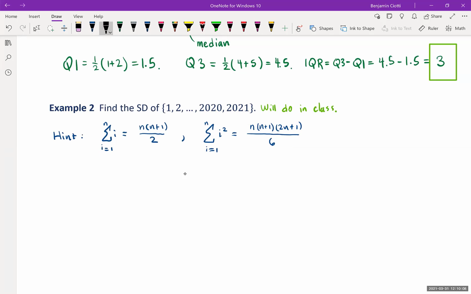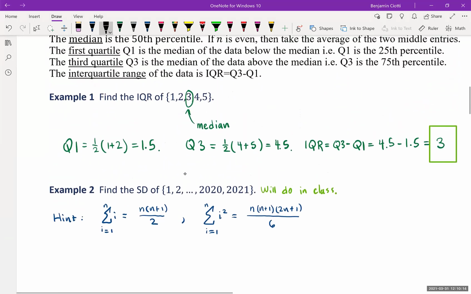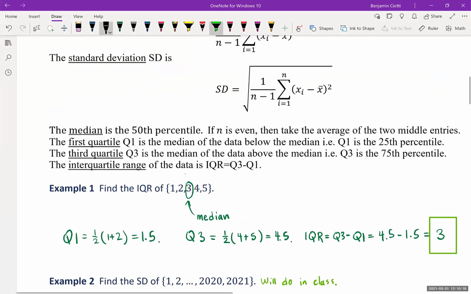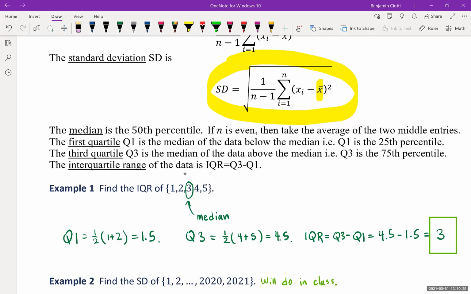In order to find the standard deviation, I'm going to need the formula for the standard deviation, which is right here. In order to employ the formula for the standard deviation, it looks like I'll need to find the mean first. So I guess I better start out by finding the mean.